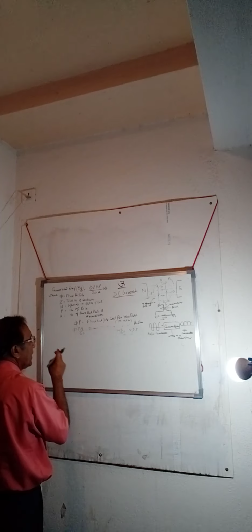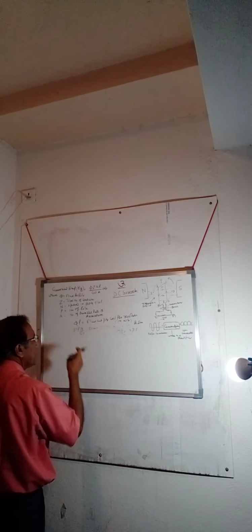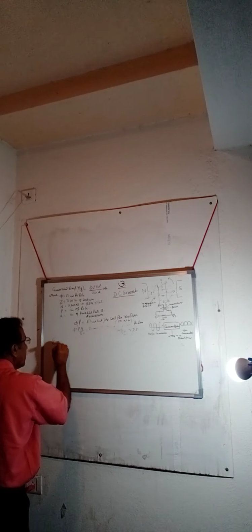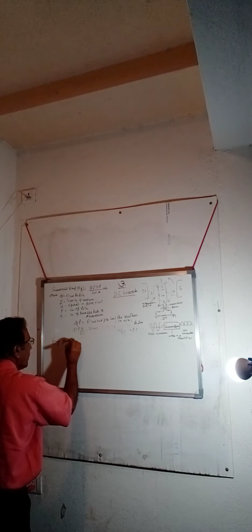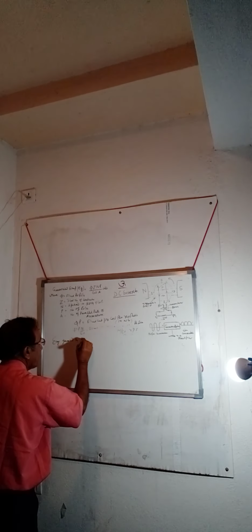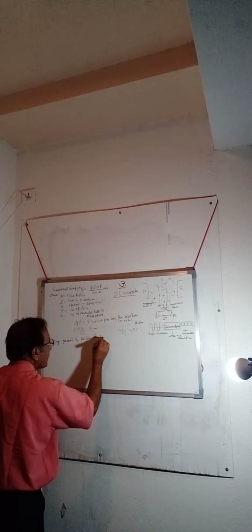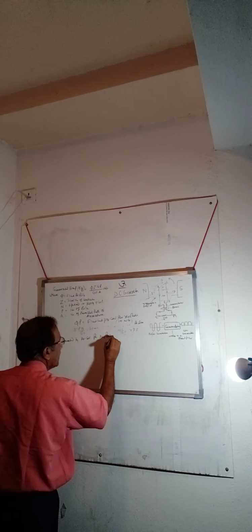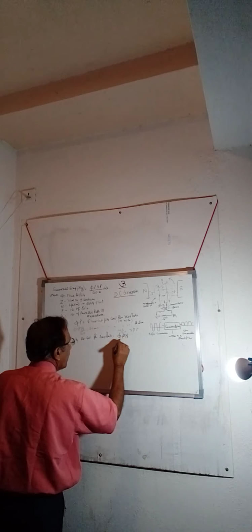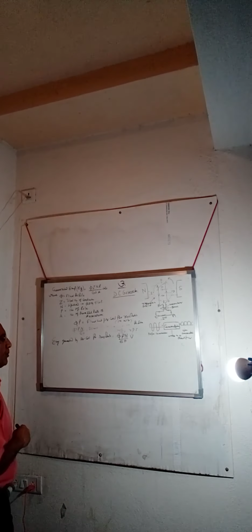So the EMF generated per coil per revolution is phi P N by 60 volt.